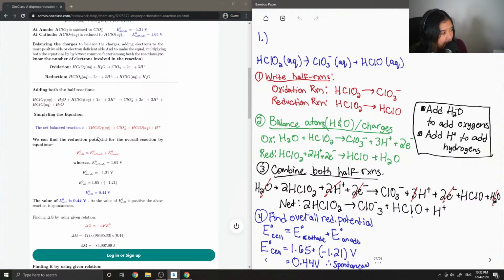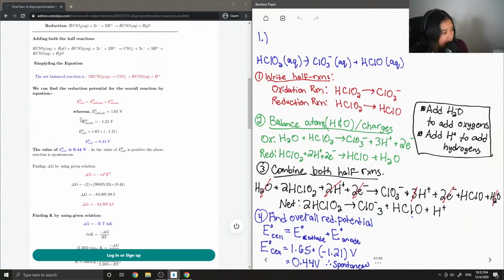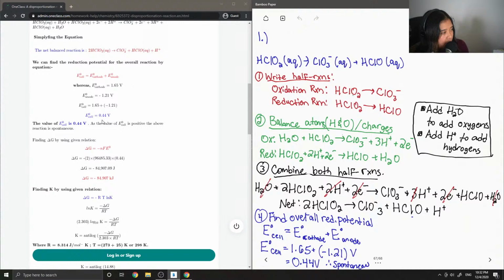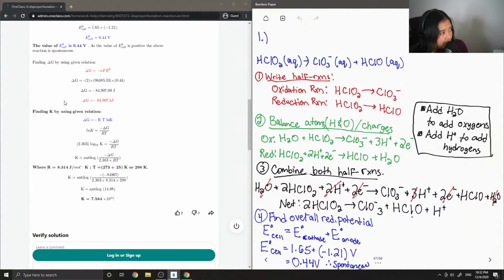The same as mine. We can find the reduction potential for the overall reaction by the equation E cell is equal to E cathode plus E anode. And they got 0.44 volts. As the value is positive, the above reaction is spontaneous.